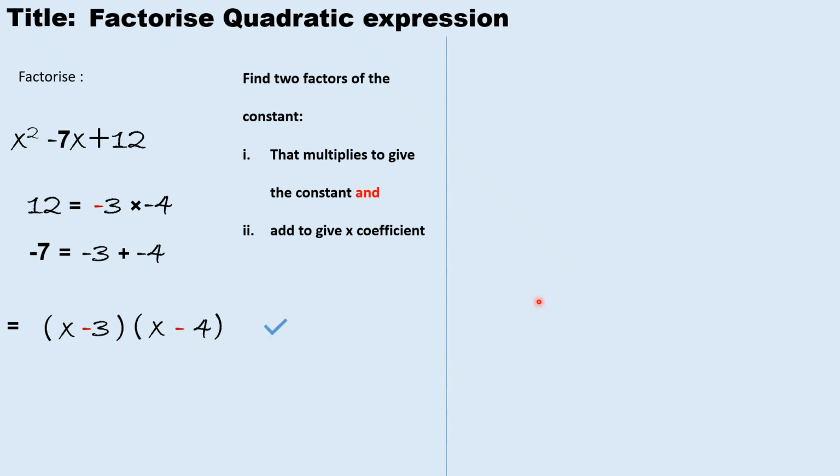Okay, let's look at a different question. You can pause the video and give it a go. Okay, let's check our answer. We need two factors of 7 that multiply to give us 7 and add to give minus 8. So let's start with 7. We have minus 1 multiplied by minus 7.